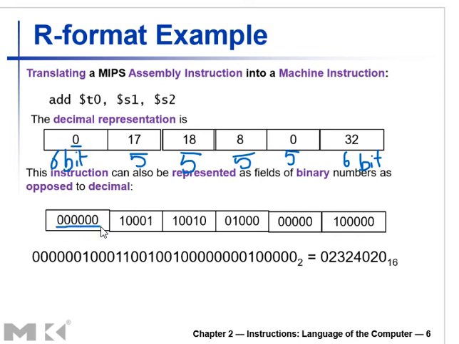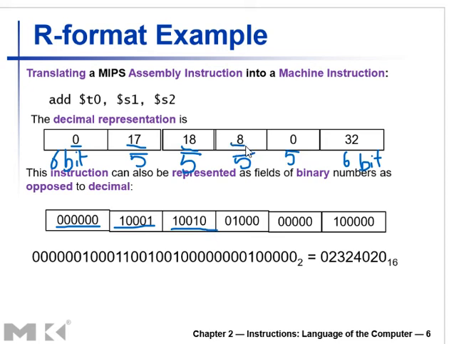Can you see here? And let's see the 17. When you convert 17 into binary, you get 10001. You know how to convert a decimal to binary. You already studied it in digital logic design. And convert 18 into binary, you get 10010.